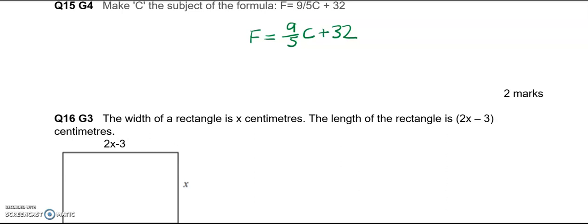In algebra, because we want to go back to work out what the value of the letter is, we need to do the opposite. So the first step that you do would be to do the subtraction or addition, and then the multiplication or division. And it's always the opposite of whatever you've done in the first step.